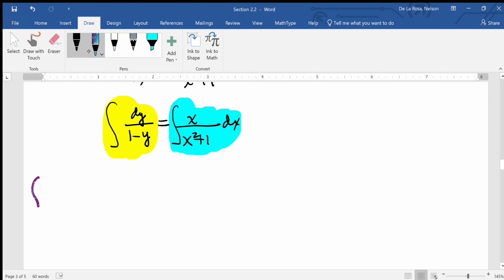So, the integral of dy over 1 minus y. Here we can use substitution. We can say that u is 1 minus y.